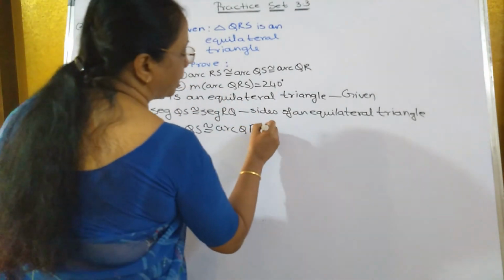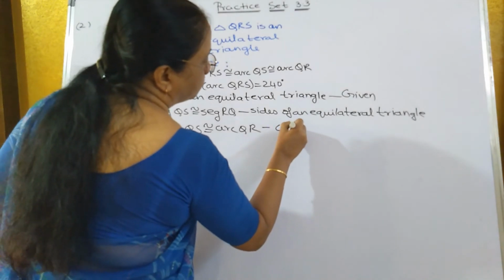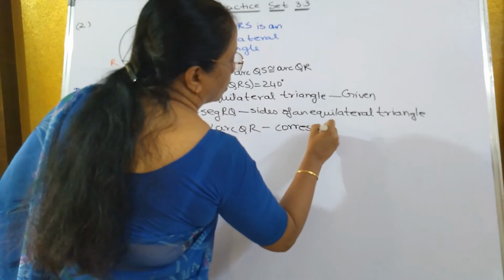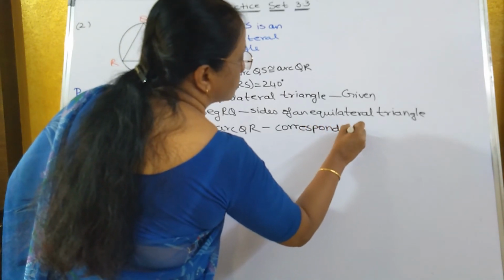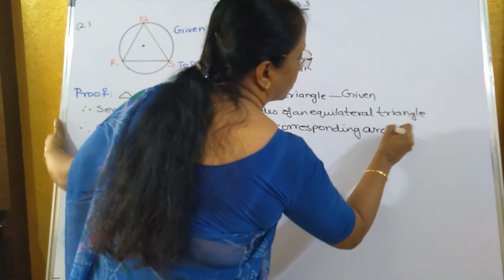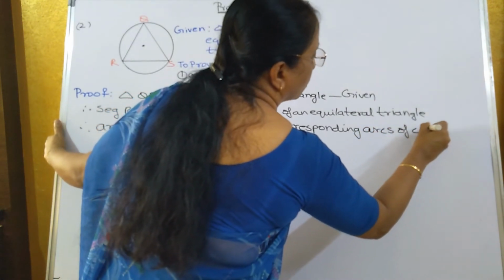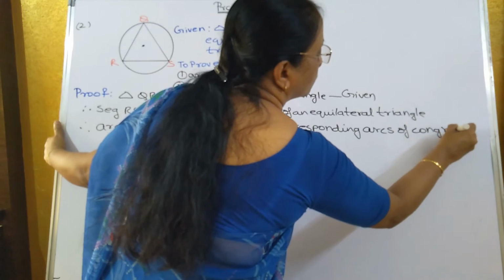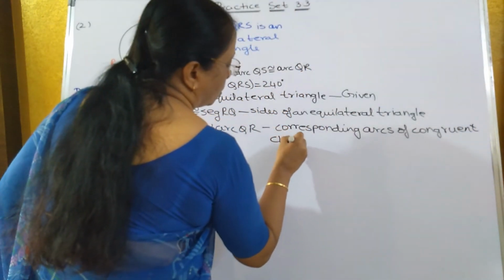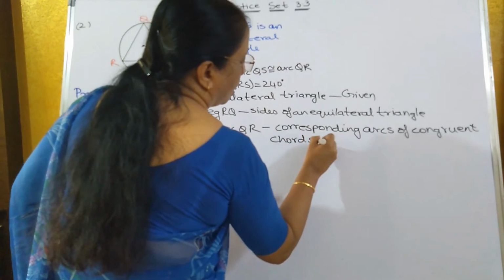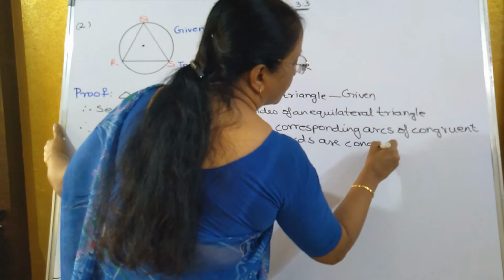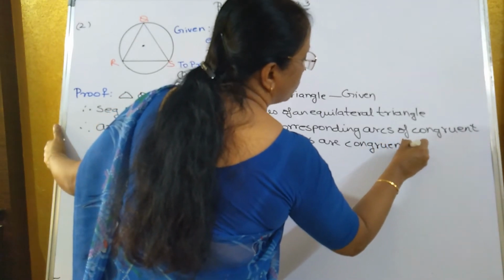Reason what you'll write: corresponding arcs of congruent chords are congruent. So if the chord is congruent, then the corresponding arc is also congruent.